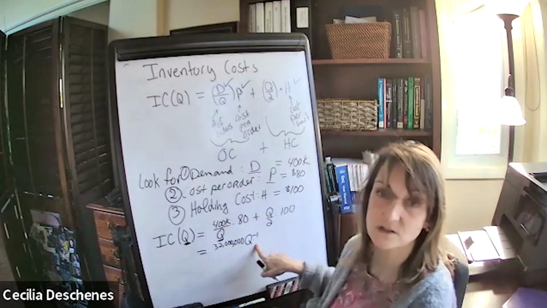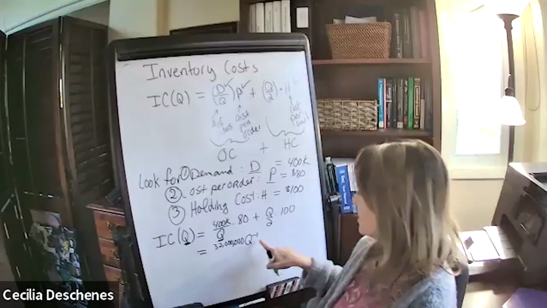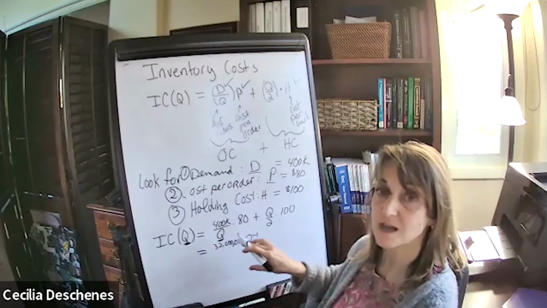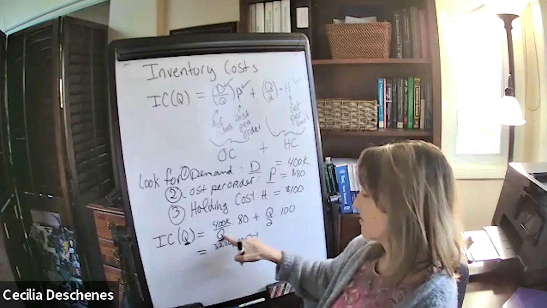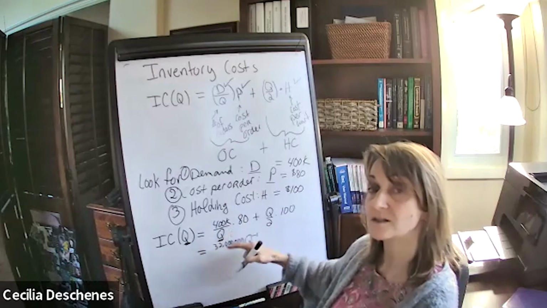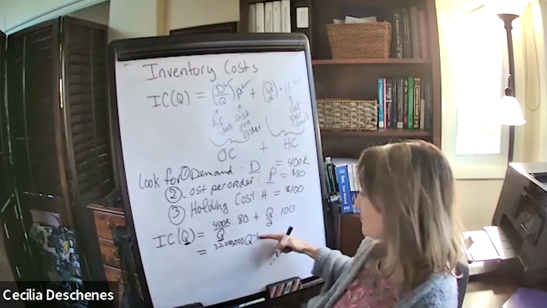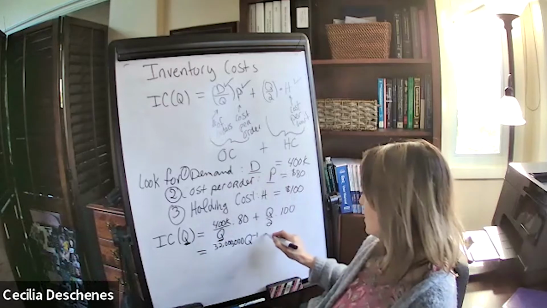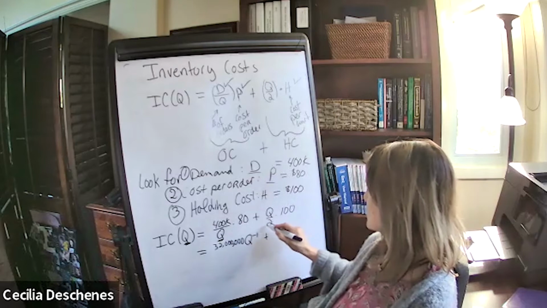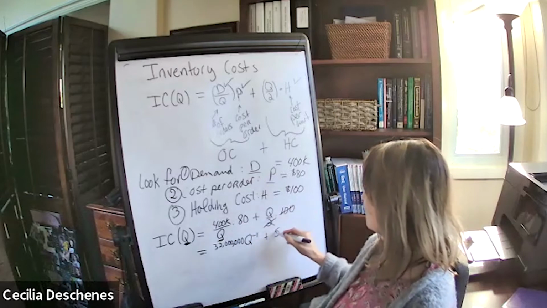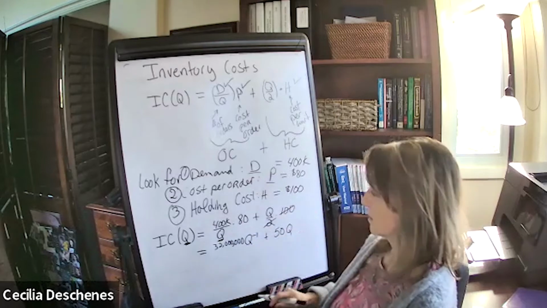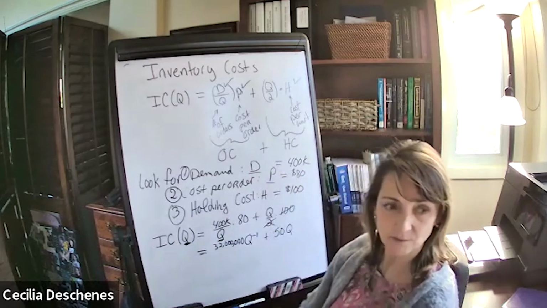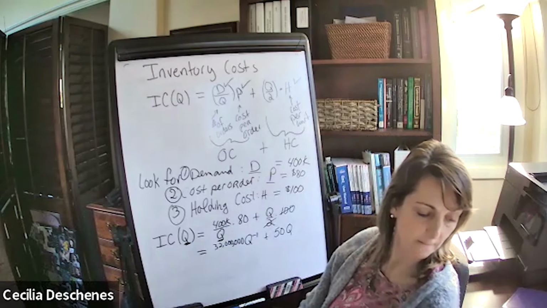You're going to do that every single time you have one of these inventory problems, because to take the derivative, when we have a term that's got a variable in the denominator, if it's possible, we can just pull it up by putting a negative on its exponent. That's the easier way to take the derivative. Okay, and then this 2 is going to divide into this 100. I'm going to have 50Q. Okay. So let me stop there. Is everybody good with getting that equation?